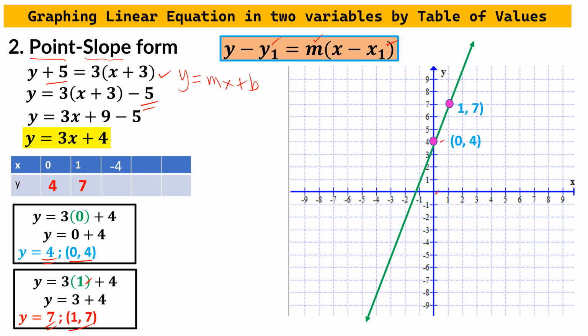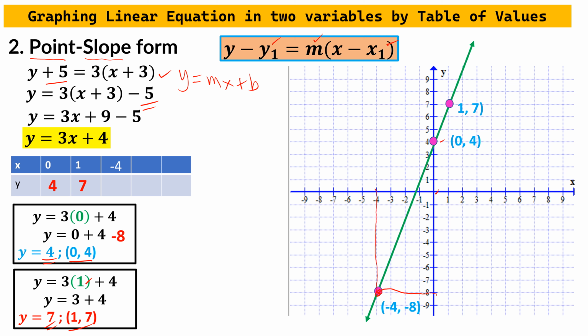Let us try -4. If you look at the line itself, if x is -4, what particular value of y do we get? As you have seen on the line, is it really -4 and -8?